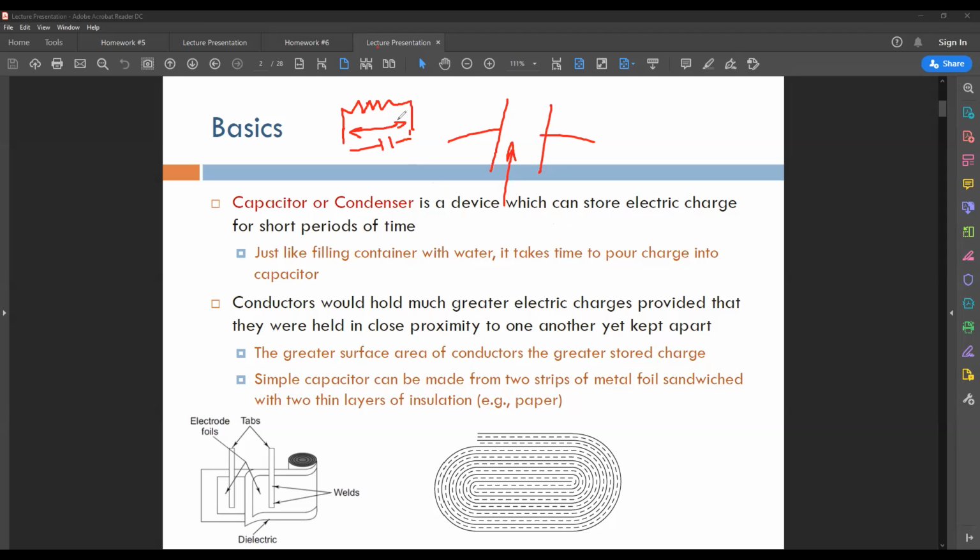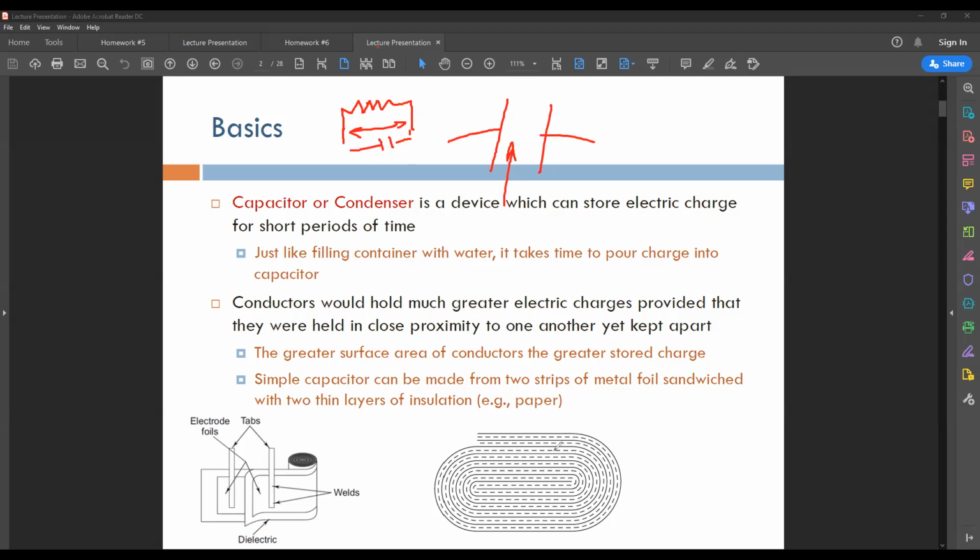Usually, when you have something that simple, the capacitance will be extremely small. So in order to get a reasonable value for the capacitor, or a large value if you want, what you need to do is create a very large surface area. Make the two conductors as large as possible, with the area facing each other as large as possible.